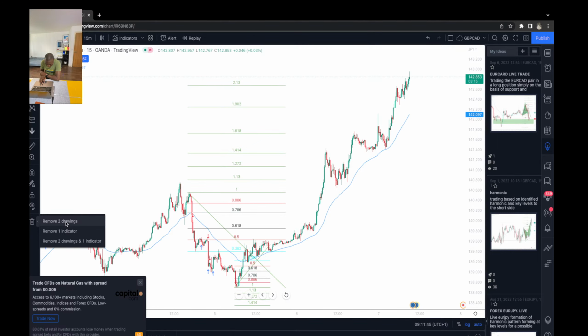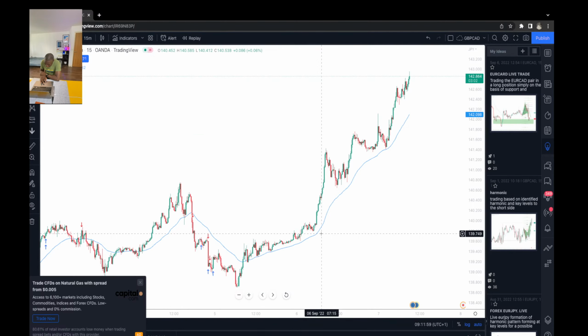With this particular one, the only thing I can see is that the 50 period EMA is holding, so you might want to trade if price comes to the 50 period EMA and go long.